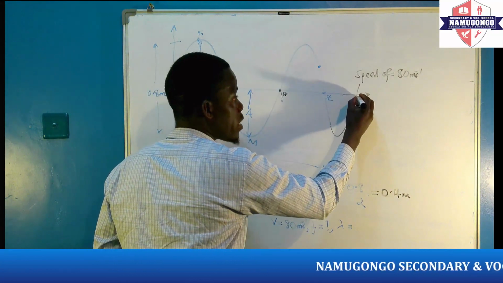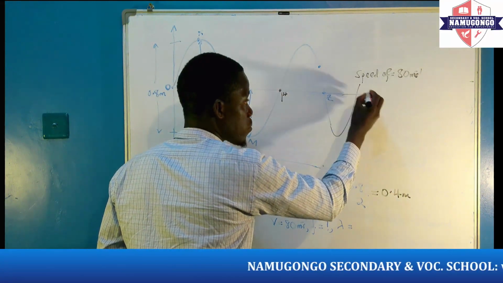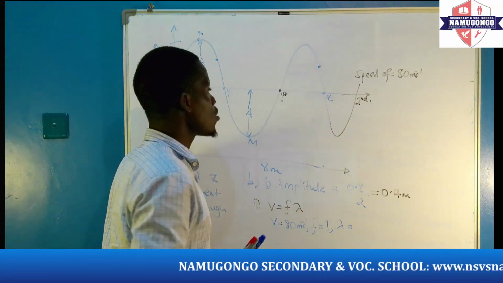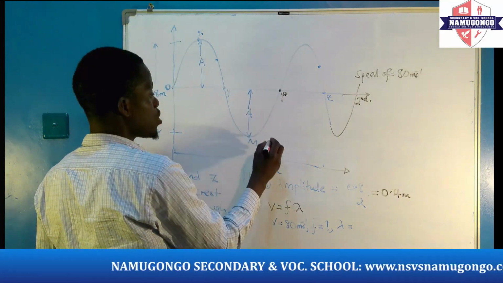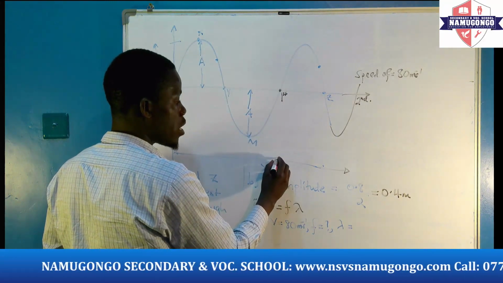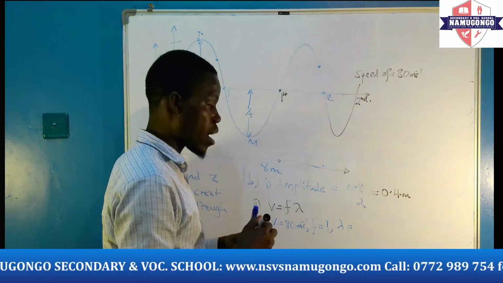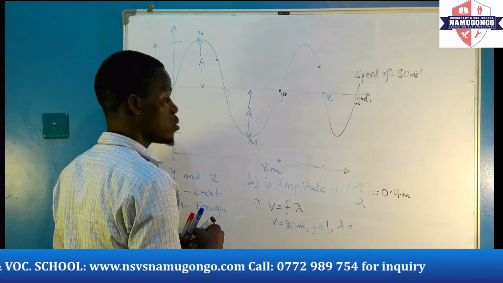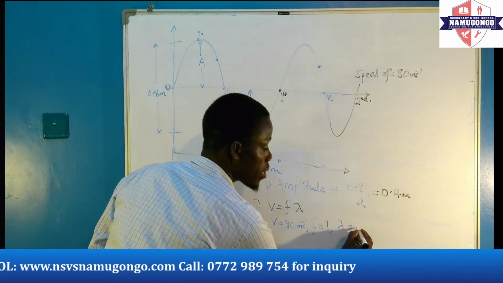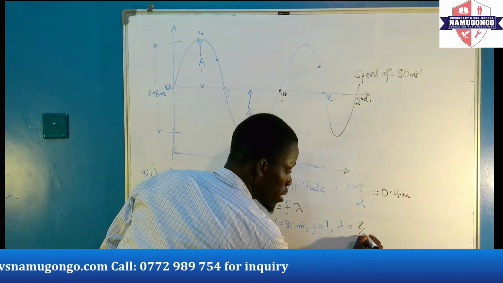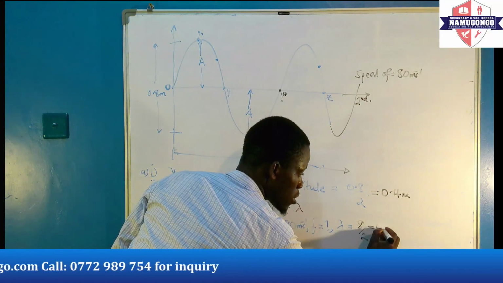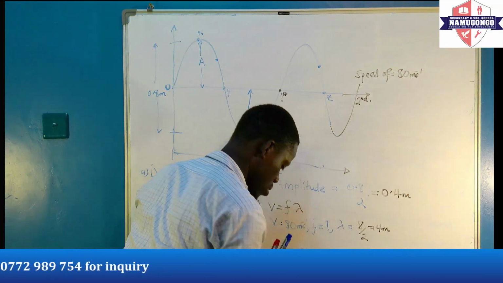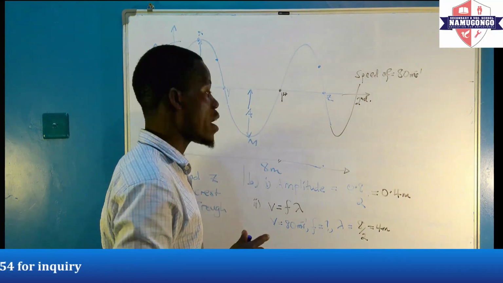Then move again, second complete oscillation. So for each complete oscillation, we said we can take that as the wavelength. Now here comes, they have given us the total distance of two complete oscillations. So we shall get lambda by dividing 8 by 2, which gives us 4 meters for one wavelength.